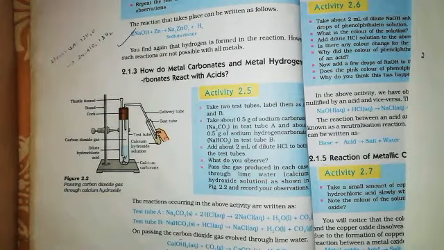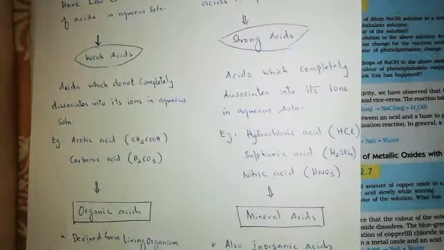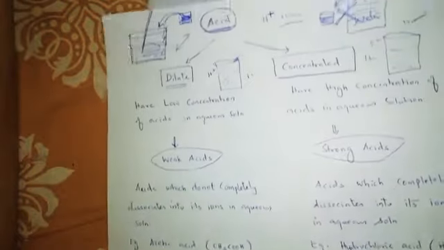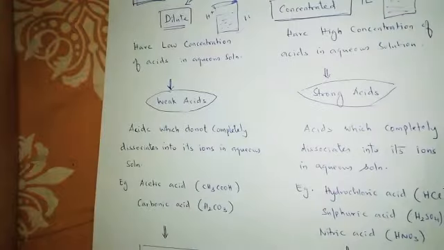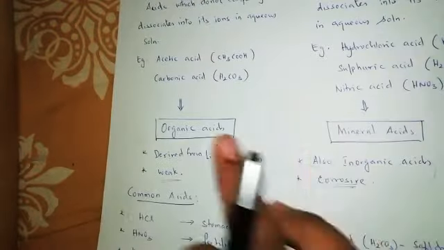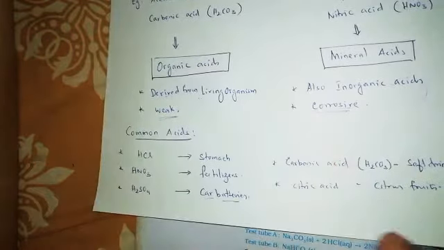Okay students, what are the things we learned today? We learned a summary of what we learned yesterday, and then acids: dilute and concentrated acids, weak acids, strong acids, organic acids, mineral acids, and some common acids that we know in our day-to-day life.